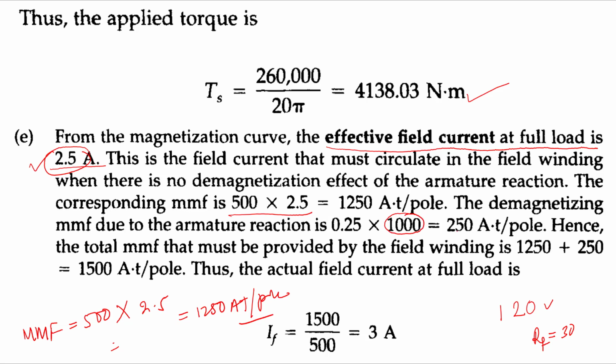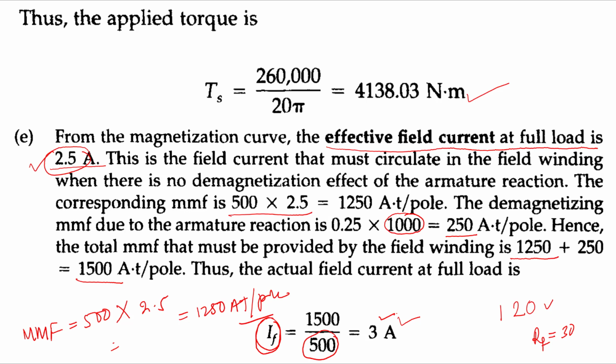So 25% of it is 250, right? Now the net MMF will be 1250 plus 250, so it will be around 1500 ampere turn per pole, right? Now for the 1500 ampere turn, we need to find again the IF. We know the number of turns is 500. So therefore, your IF will become 1500 by 500. So it will be 3 ampere. So corresponding to the 3 ampere, the net current in the field winding will be IF, that is 3 ampere, right?